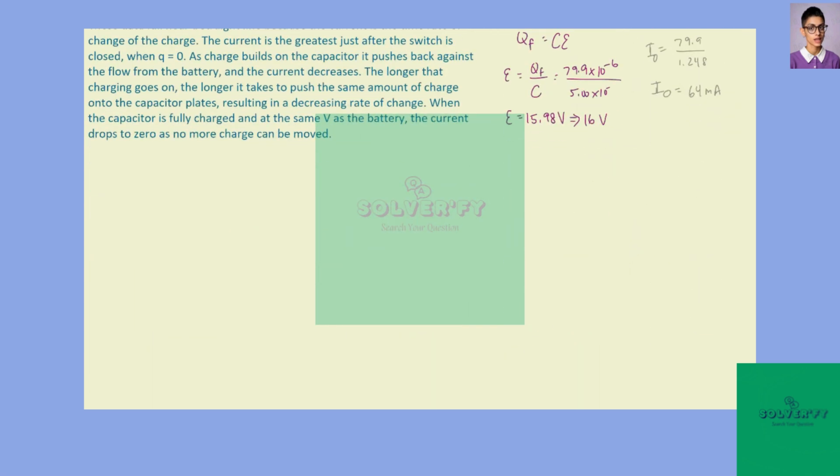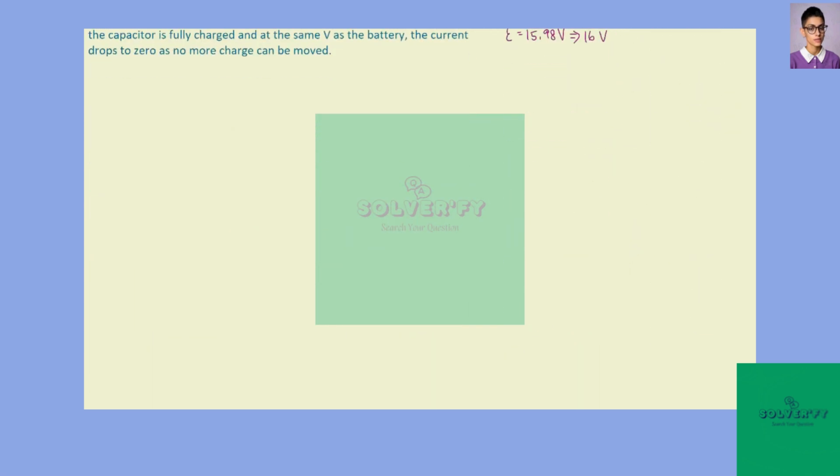And after what time t after the switch is closed will the voltage across the capacitor equal 10 volts? Okay. How about orange? Or we can write in black. I don't use black very often because there's so much text that goes in black.